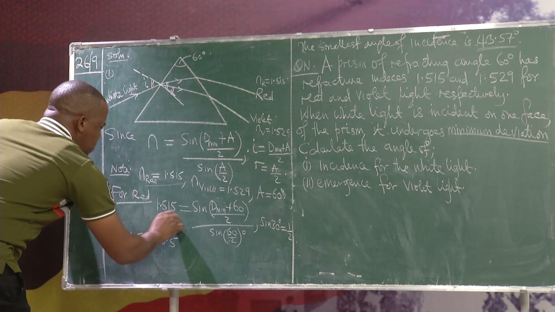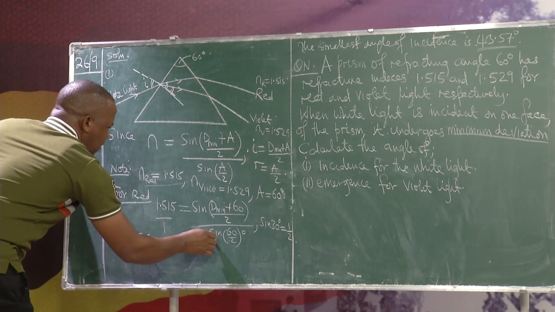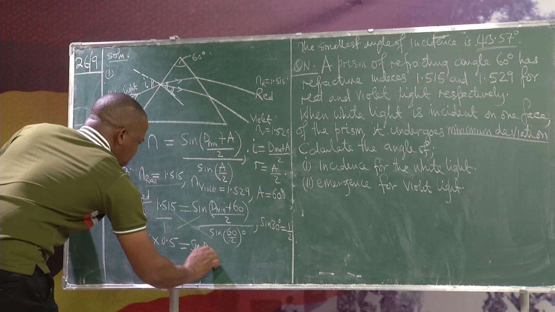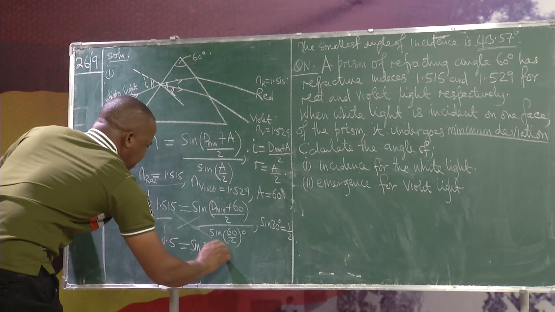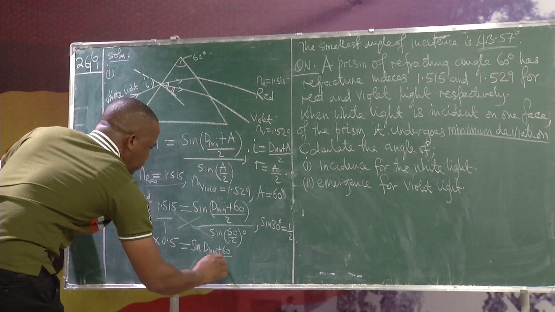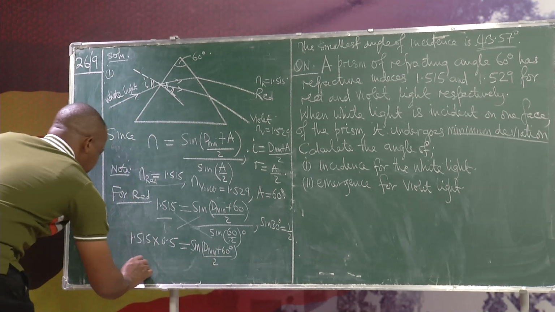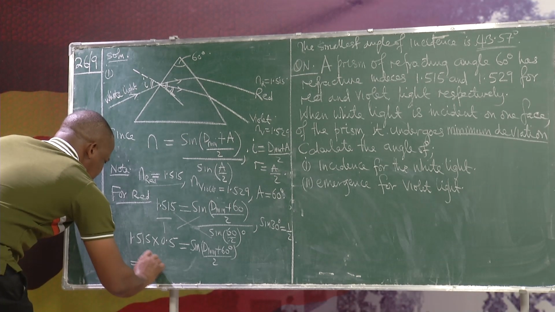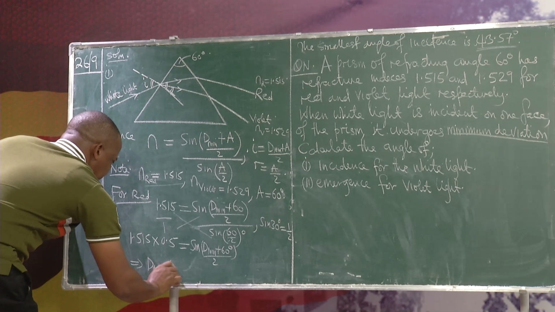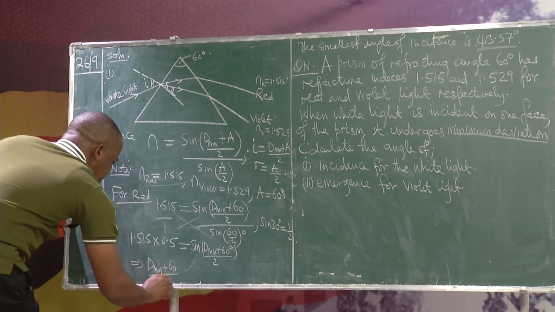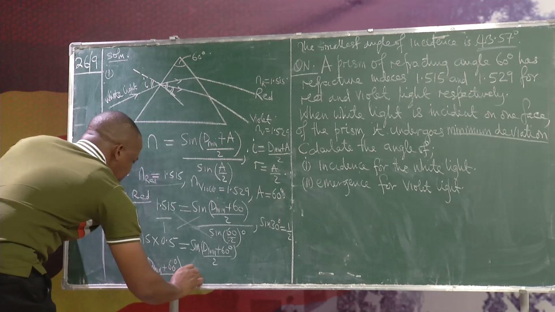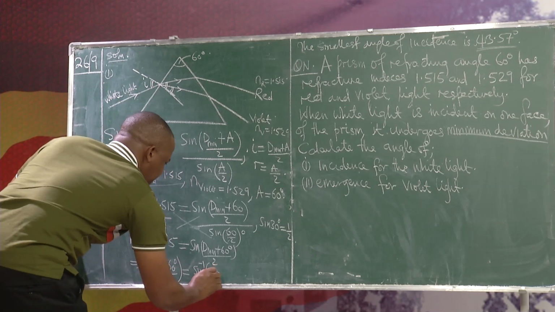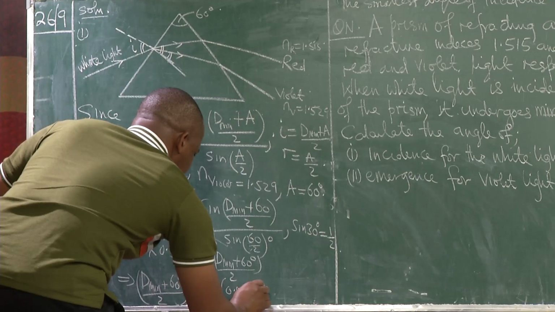If I do what one would call a cross multiplication, this would multiply through there, and this would be equal to the sine of d min plus 60 all over 2. This implies that d min plus 60 divided by 2 is going to be equal to the arc sine of 0.5 times 1.515.